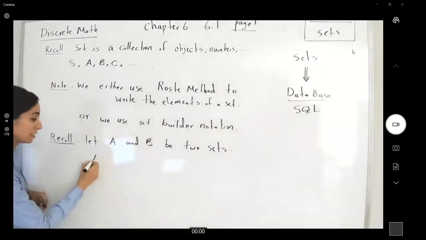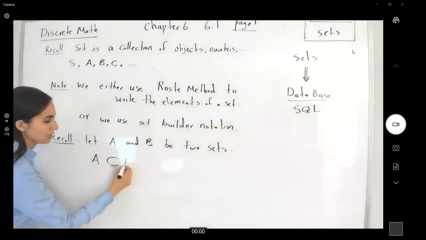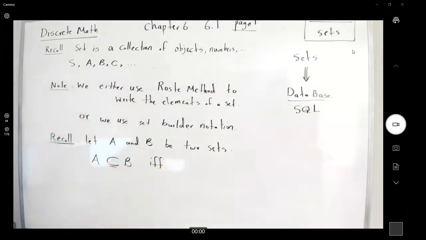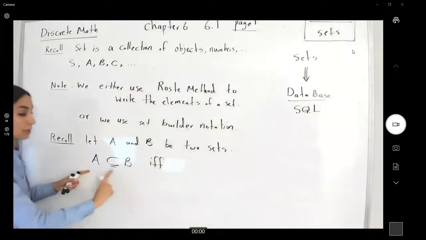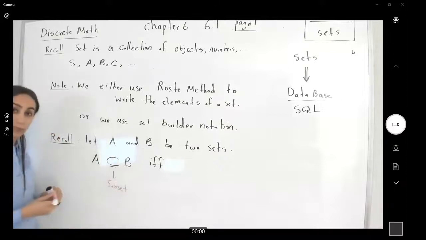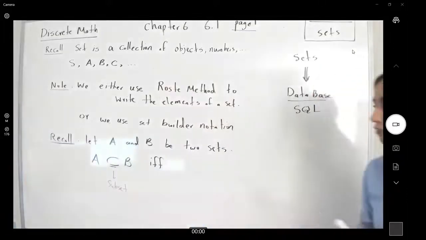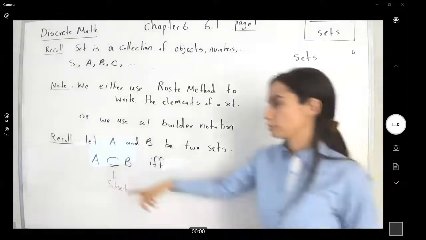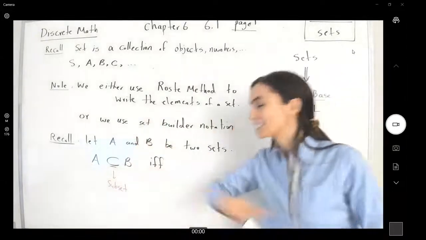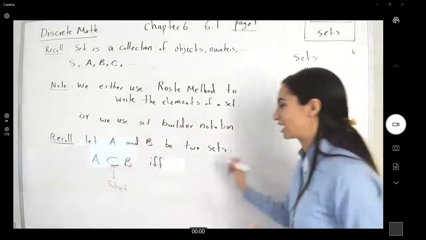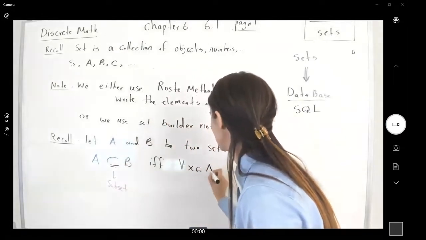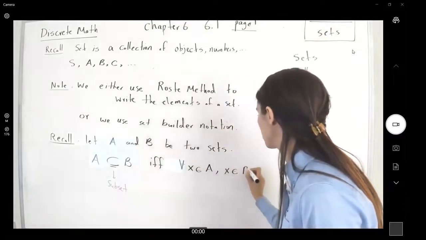We say that A is a subset of B if and only if, for any element that you take from the set on the left, that random element lands in the second set on the right-hand side. For any x in A, x belongs to B.